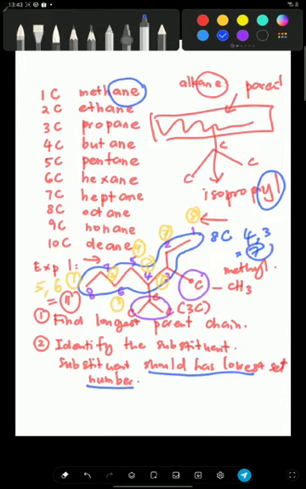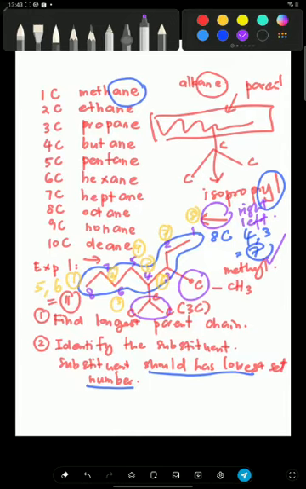Total up, you get 7. So the 7 is the lowest set number. So you choose from right to left. So you count from here. 1, 2, 3, 4, 5, 6, 7, 8.